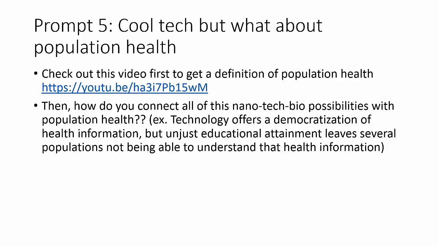So you think about high school dropouts, people who live in rural environments that might not have access to health literacy information. So that's an example. Write this prompt up, no more than a paragraph, but make sure that you offer some connection between these, positive or negative.